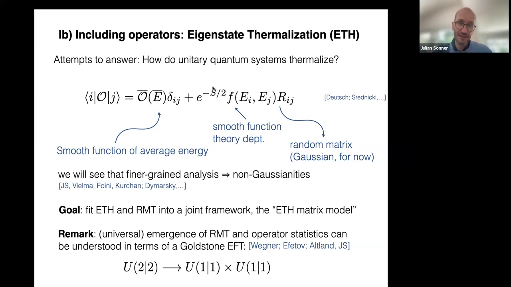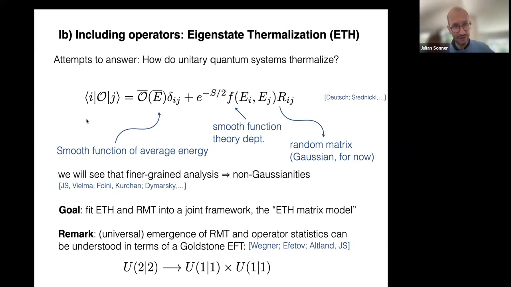So there is an entropy, which you can take as a microcanonical entropy at this energy E bar. There is a function which is a smooth function of the energies Ei and Ej. And then there is a Gaussian random matrix Rij, which governs the fluctuations that are on the off diagonal of these operator matrix elements.